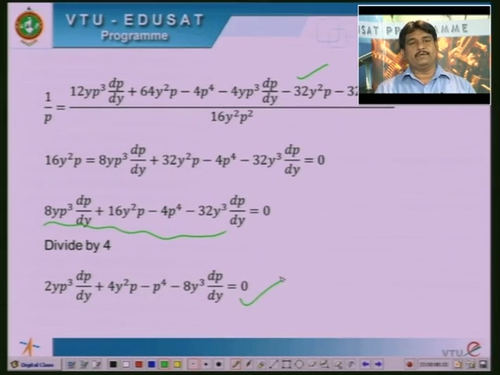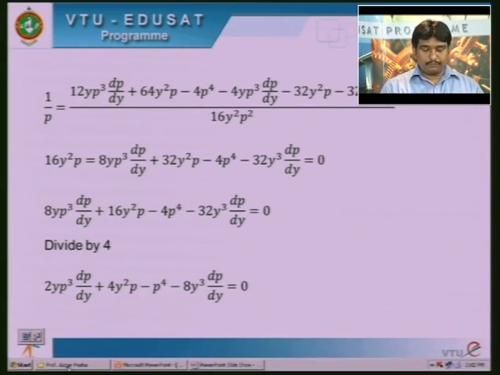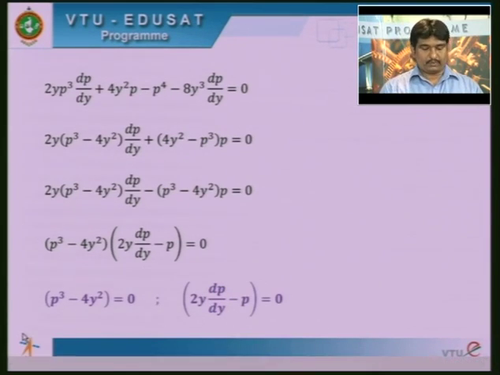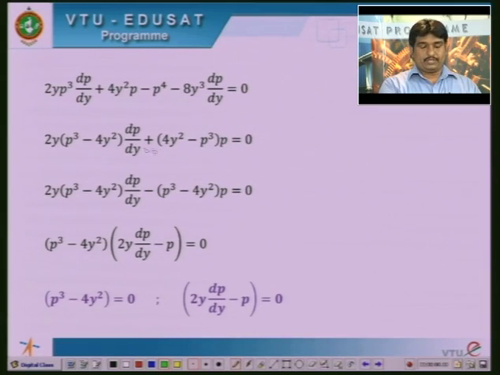2yp cube into dp by dy plus 4y square p minus p to the power of 4 minus 8y cube dp by dy equals 0. Now you have to collect the dp by dy terms. After multiplication and simplifying, you collect the dp by dy terms here.